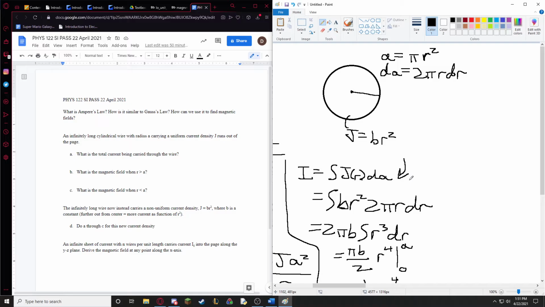Is anyone familiar with polar coordinates? I'll give you a hint. It ends up giving the same thing. Essentially, what's dA in terms of polar coordinates?